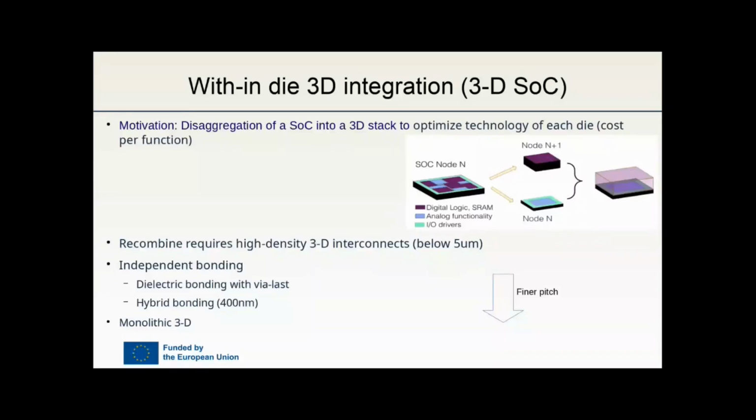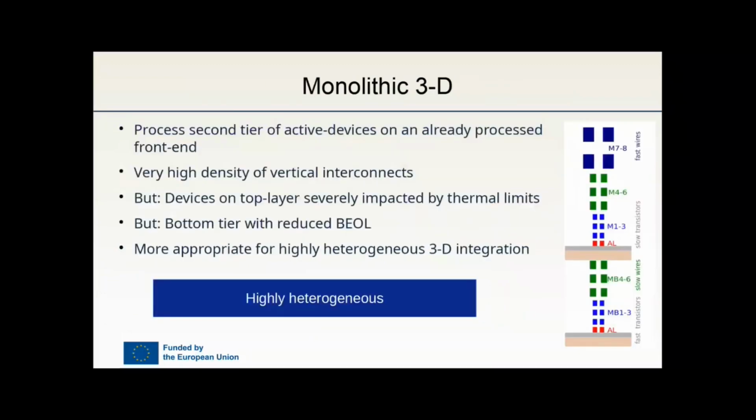Today, the candidate technologies to try to have this very dense 3D interconnect are on the one side, the electric bonding with VLRs or hybrid bonding. With that, we can get close to 400 nanometers in terms of interconnect. If we want to move even further in terms of interconnect, our next candidate is monolithic 3D. And actually, this is going to be the target for my presentation today.